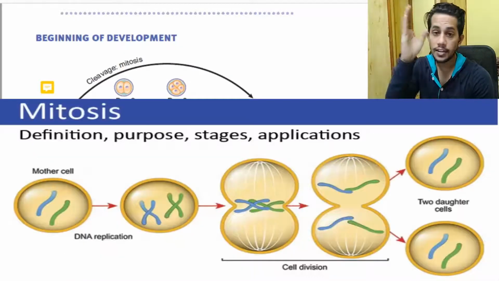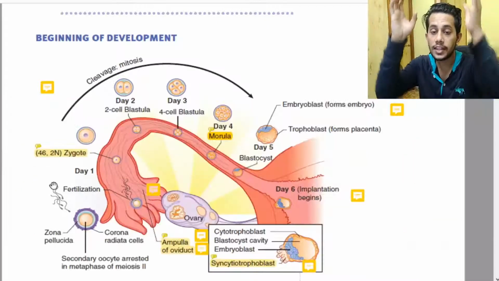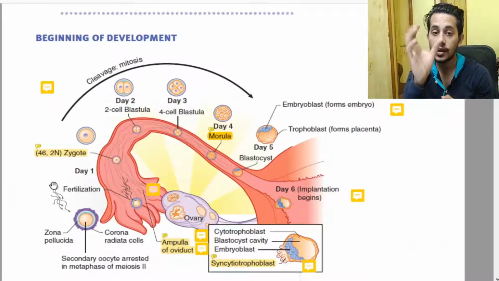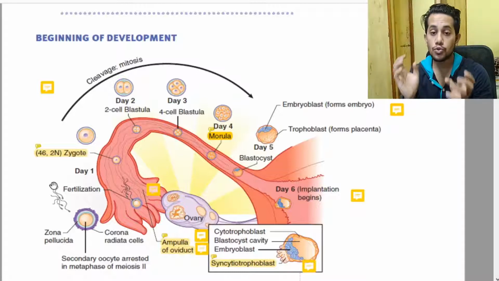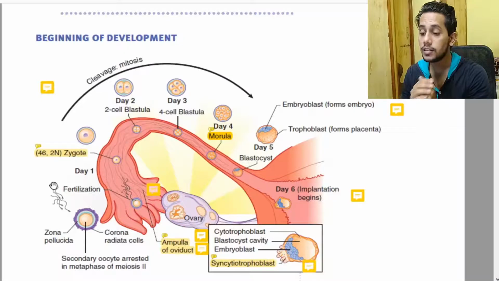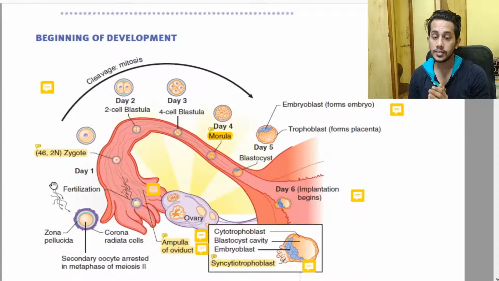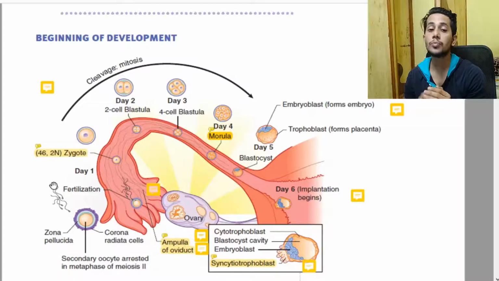One cell divides into two cells, they both grow up and then they divide into two other cells. So from one cell you have two cells, they both grow up, then they divide equally, and then you have four. From 1 to 2 to 4, it just goes on to multiply. But in this, the cell divides by the process of mitosis. 1 goes on to become 2, 2 goes on to become 4, 4 goes on to become 8, and so on.